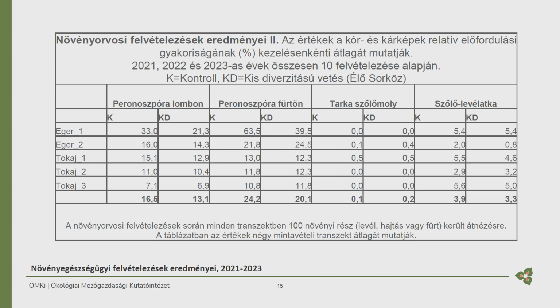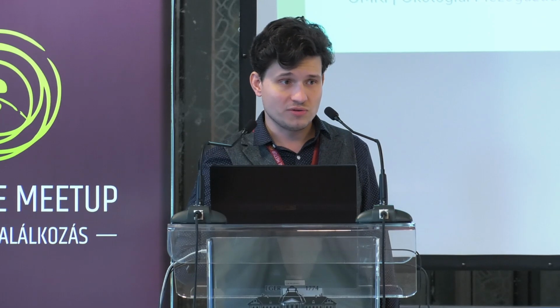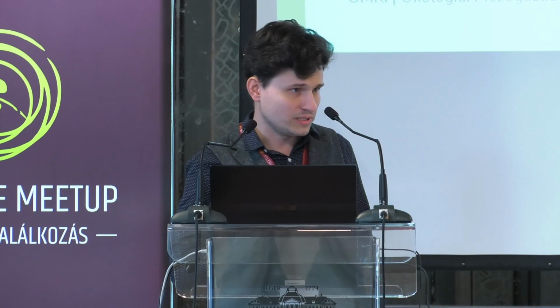You see that downy mildew occurs less often, on average 4% less if you have cover crops. The spotted grapevine moth never caused a problem at all, and grapevine leaf mites also rarely occurred.